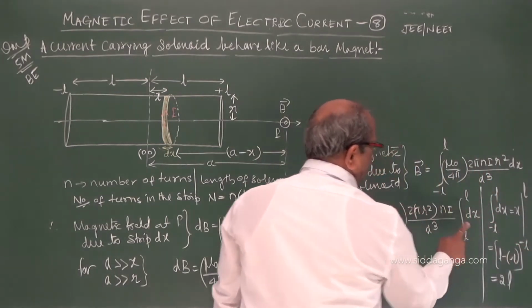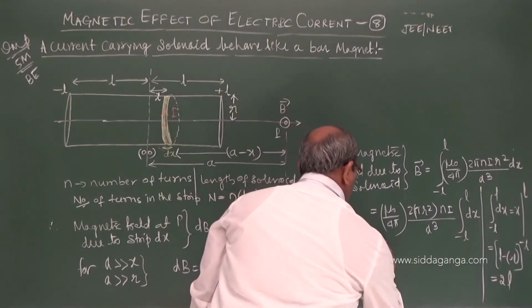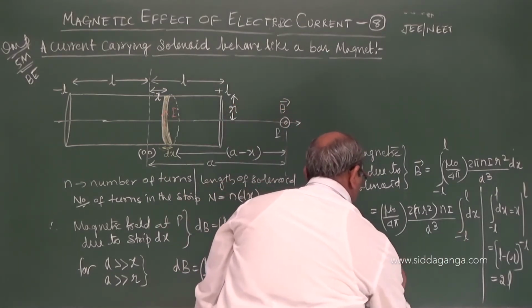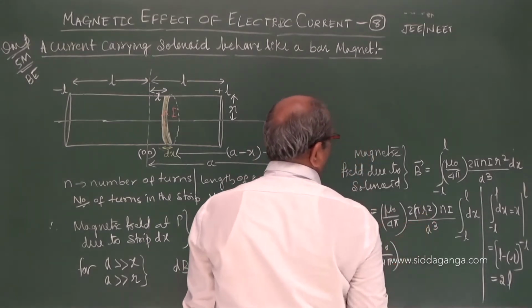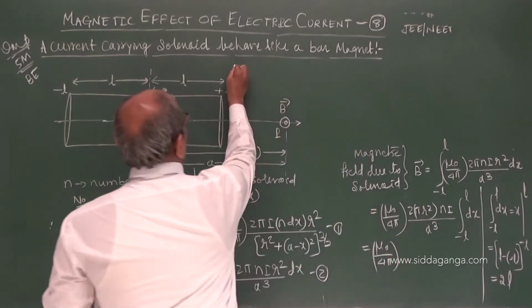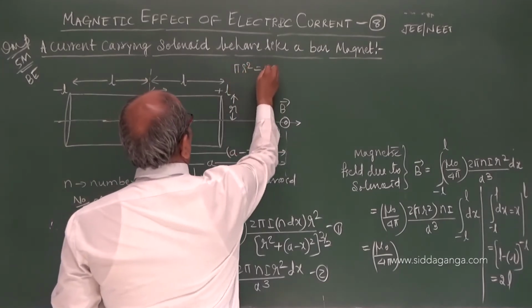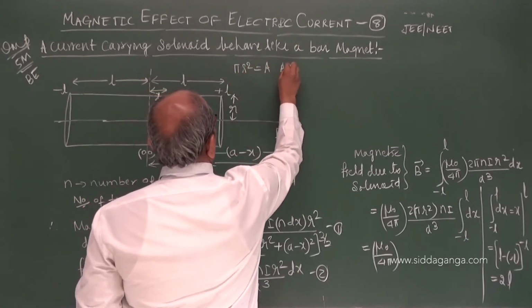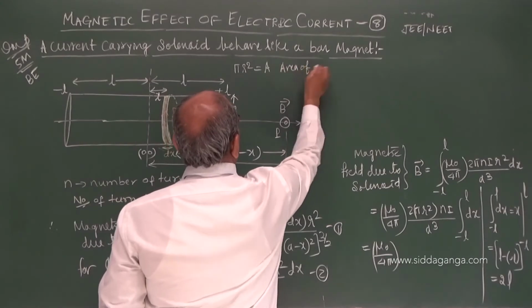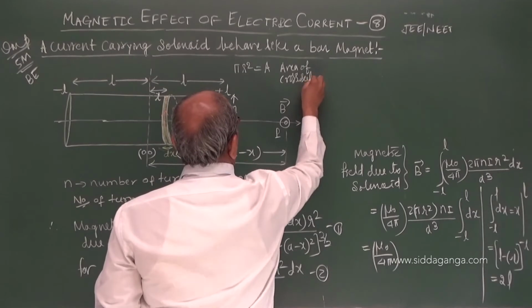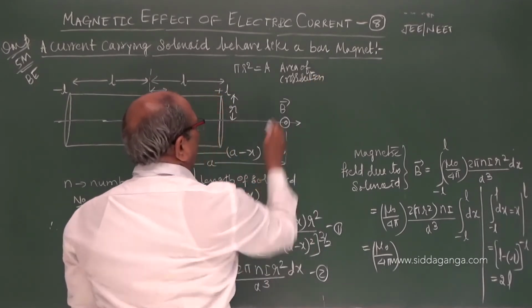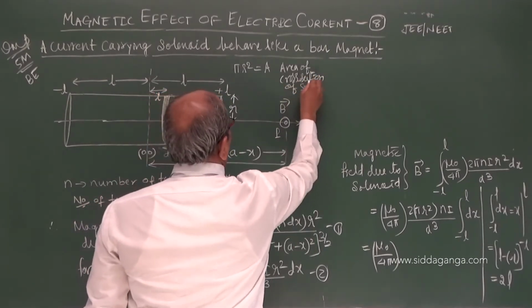This integration becomes 2L. Hence I can write mu naught upon 4 pi, r square. If I write pi r square as the area of the cross section of the solenoid.